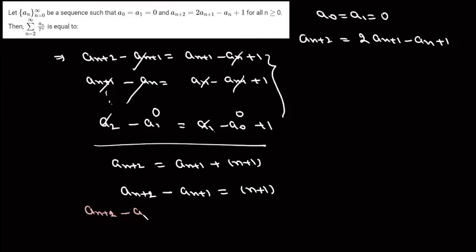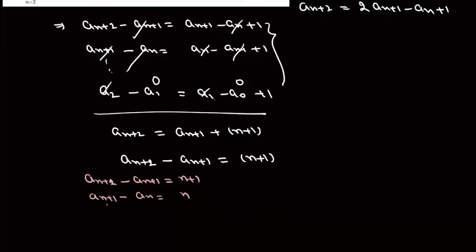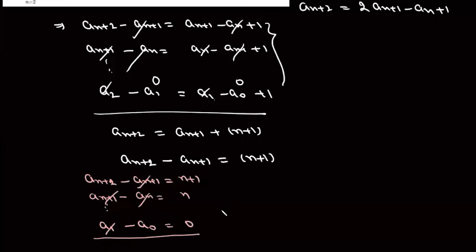Now from this recurring relation we can write a_(n+2) minus a_(n+1), this is n plus 1. a_(n+1) minus a_n will be this n. And it'll go up to a_1 minus a_0, which will be this 0. If we again add them all up, we'll get this result as a_(n+2), a_1 is 0, and this is 1 plus 2 plus 3 up to n plus 1.